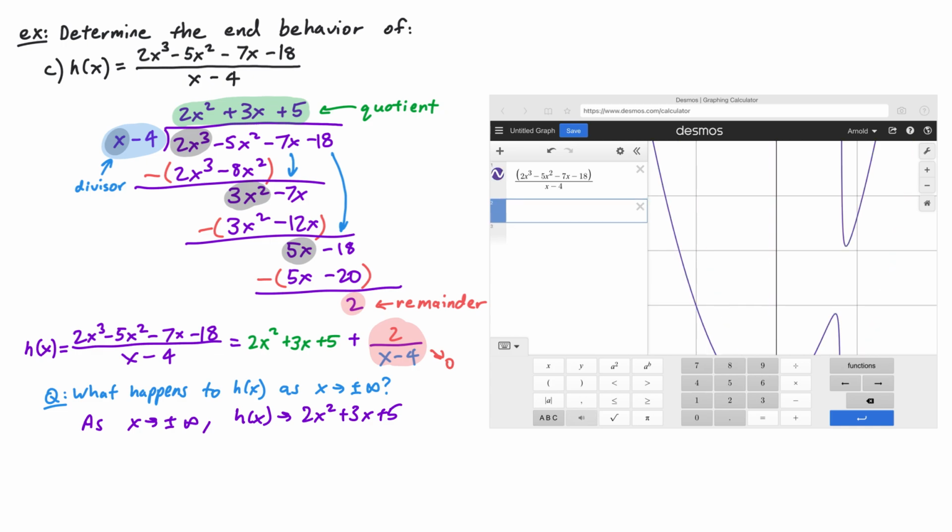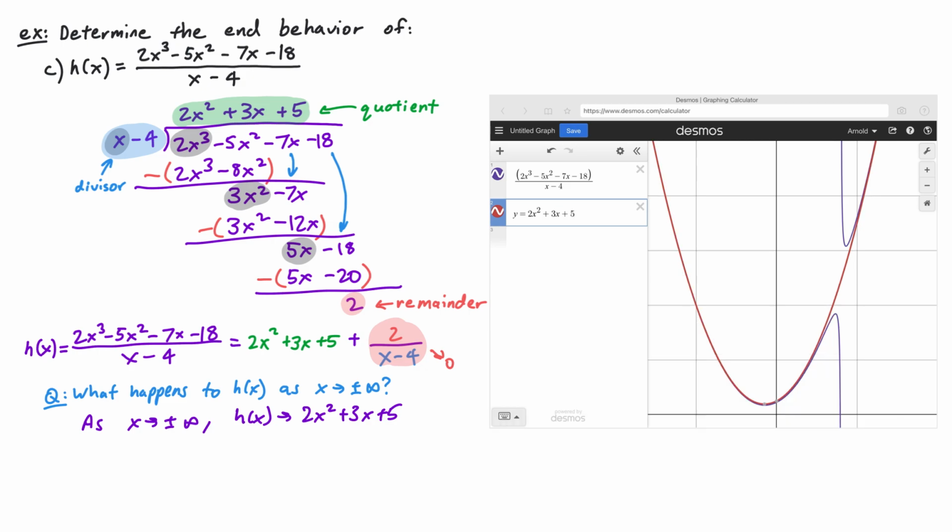And we found that our function eventually behaves like the quadratic y equals 2x squared plus 3x plus 5. And we see here that if we were to trace our graph to the left, our purple graph seems almost indistinguishable from the red parabola. And if we're on this portion of the graph and we trace our way to the right, eventually our purple graph again goes towards that red parabola.